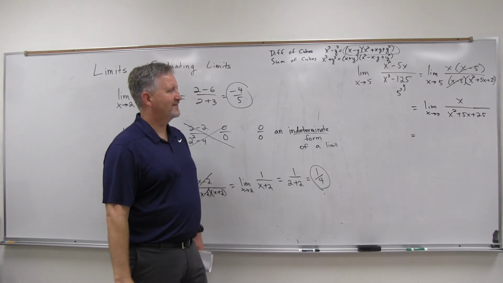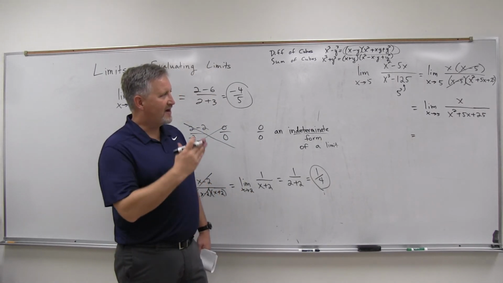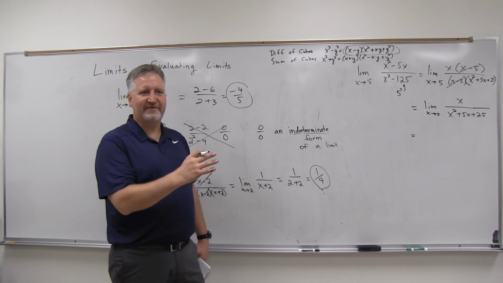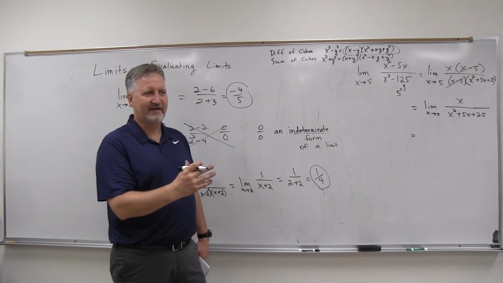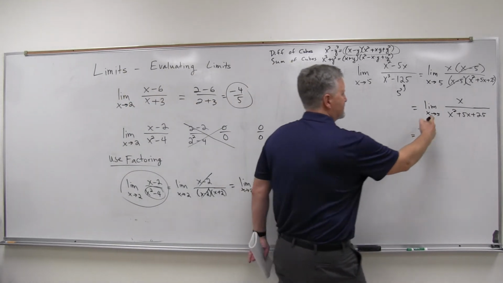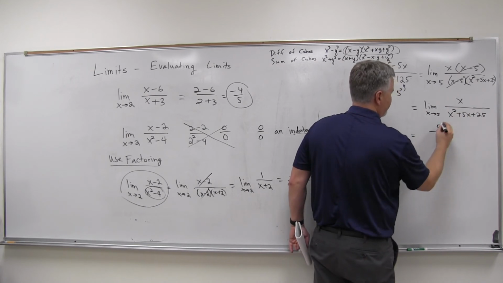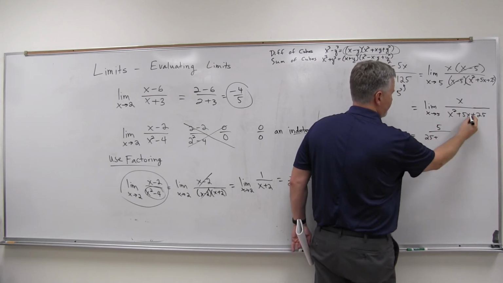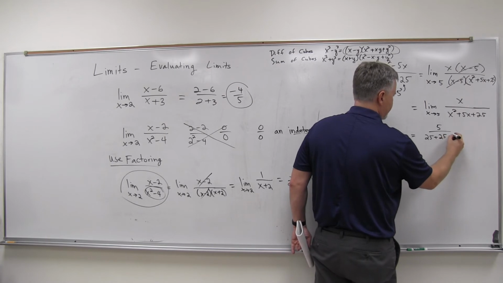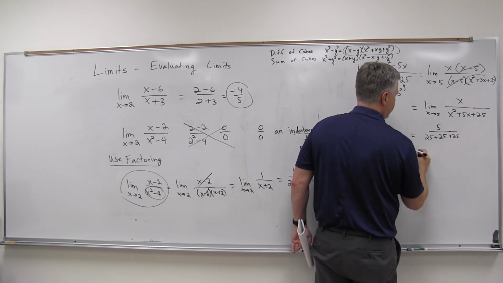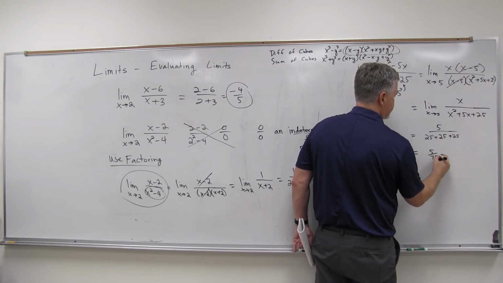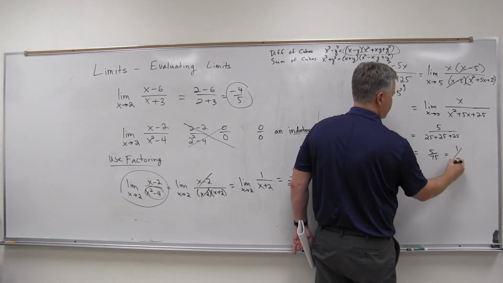We're in business, because now if I substitute, the denominator is not 0. So substitute in: 5 squared is 25, plus 5 times 5, that's 25, plus 25 is 75. That's 5 over 75, which reduces to 1 over 15.